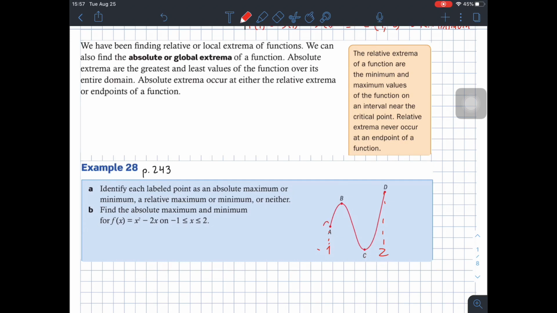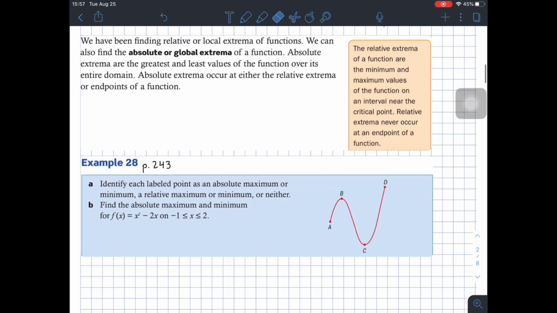And these 2 points, A and D, are known as the endpoints of this function, okay? Those are the endpoints. It's where the extreme values given by the domain are found in the graph, basically. Those are the endpoints of a function.